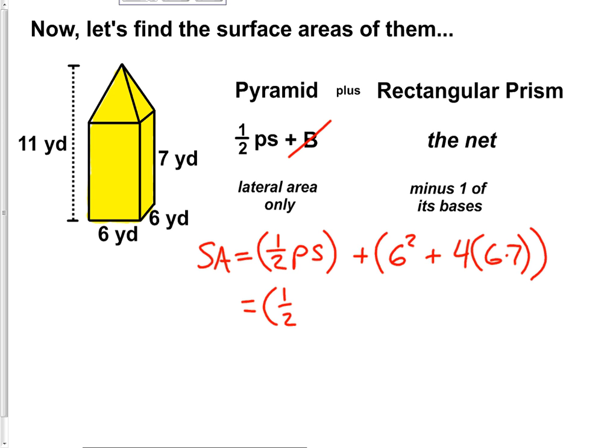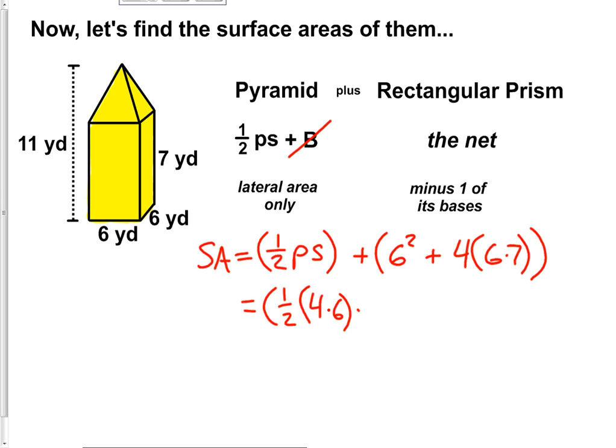So how about the perimeter of the base of the pyramid? Well, it's 6 units on each side, and there are 4 sides like that. So there's the perimeter of our base, 4 times 6. And we need to know the slant height of the lateral face.